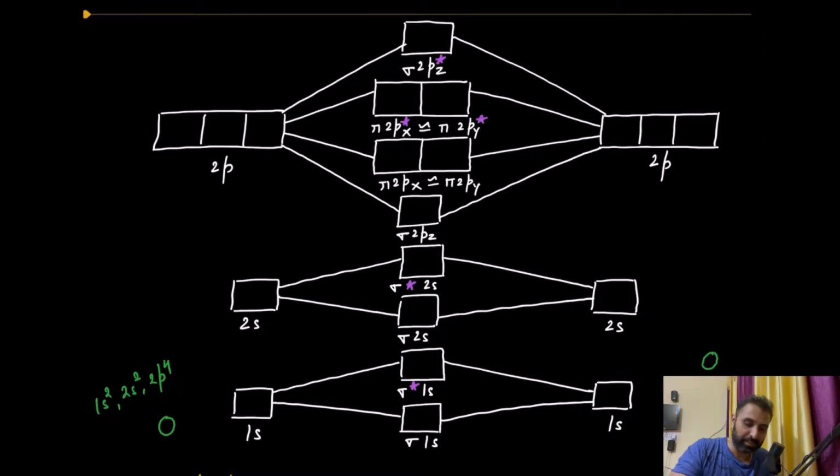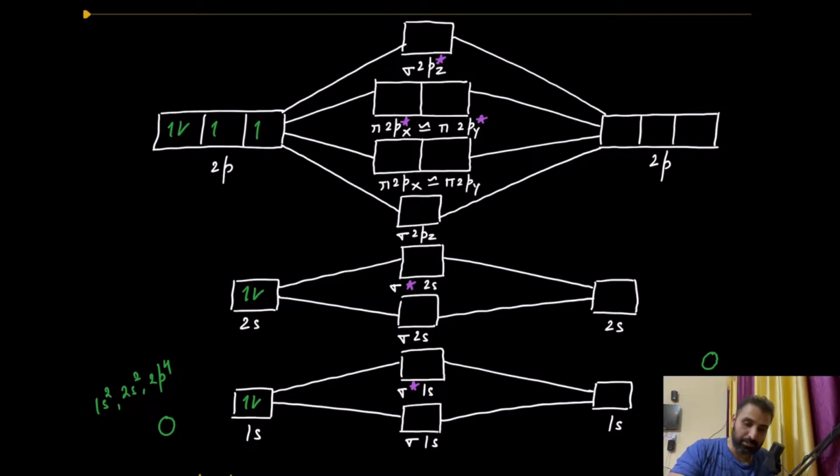So now let's fill the electrons in the atomic orbitals first. In 1s we have 2 electrons, in 2s we have 2 electrons, and in 2p we have 4 electrons, which we fill according to Hund's rule: first electron, second electron, third electron and fourth electron.